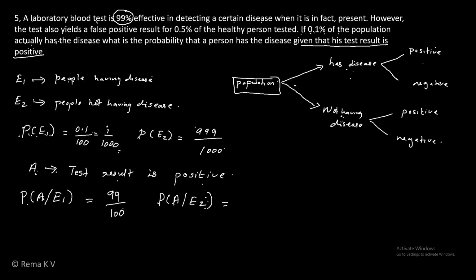If the person is a healthy person, then the test result is positive. It is 0.5%, that is 0.5 divided by 100, or you can write this as 5 by 1000.